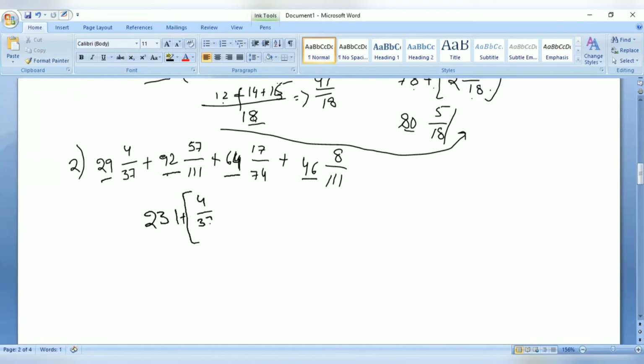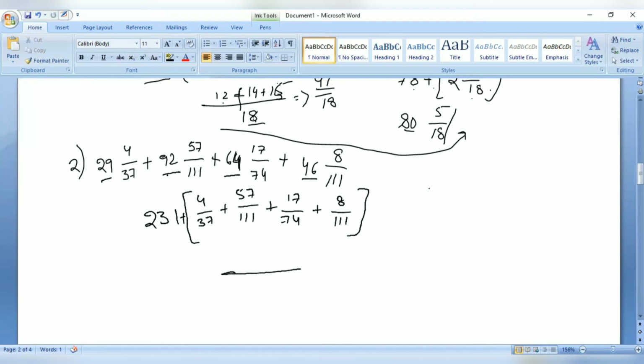4 by 37 plus 57 divided by 111 plus 17 divided by 74 plus 8 by 111. So now how do we solve? Let us take the LCM. What is the LCM?